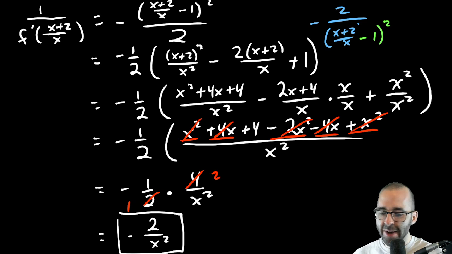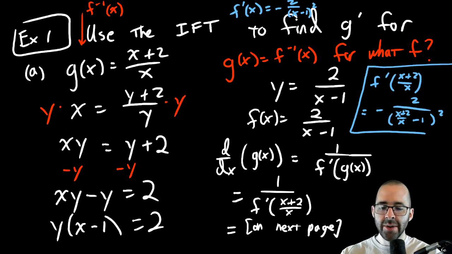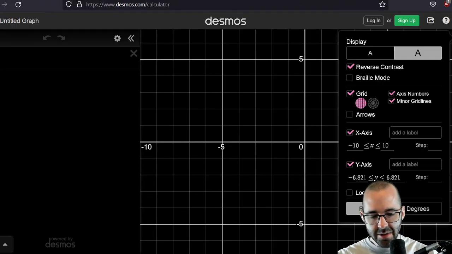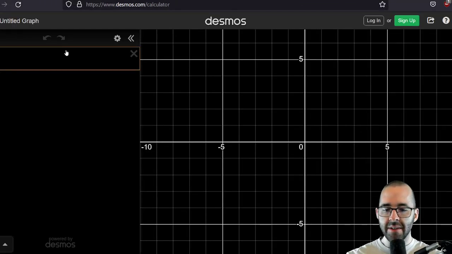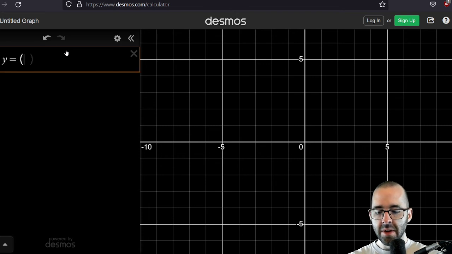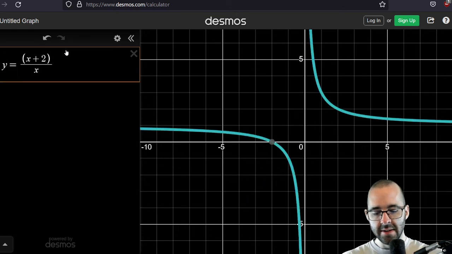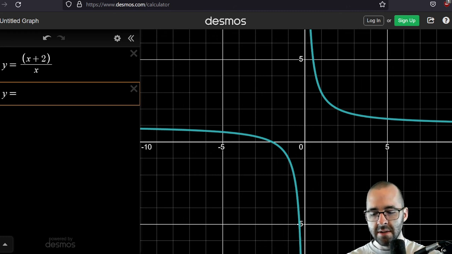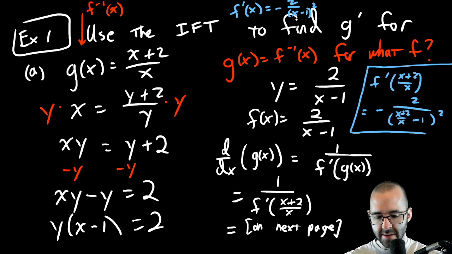And again, this is mostly the end of the video, but I want to just show a couple connections to these topics. Where the heck is my Desmos? Here it is. It was hiding. Let's graph these functions, right? So one of our functions was (x plus 2) over x. And the inverse function, I don't remember what it was.